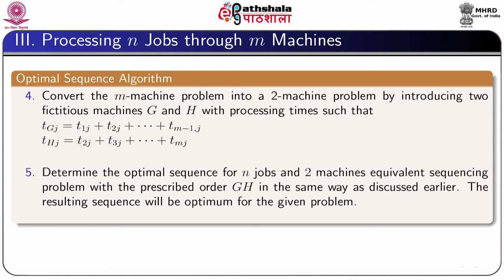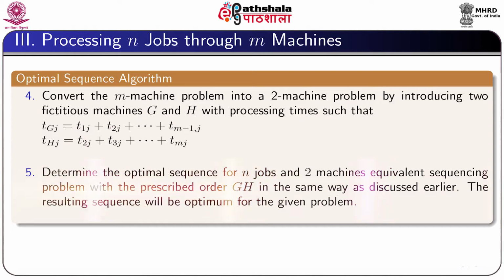We will convert the m machine problem into a 2 machine problem by introducing 2 fictitious machines G and H with processing times such that Tgj equals T1j plus T2j plus dot dot dot Tm minus 1j, and Thj equals T2j plus T3j plus dot dot dot plus Tmj.